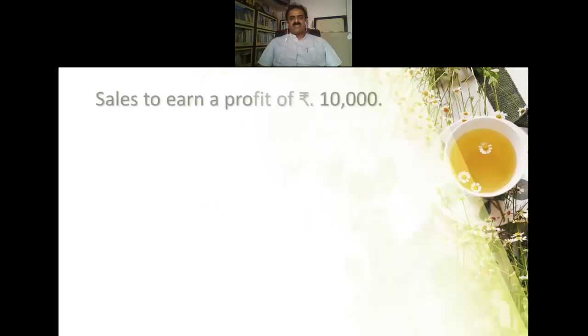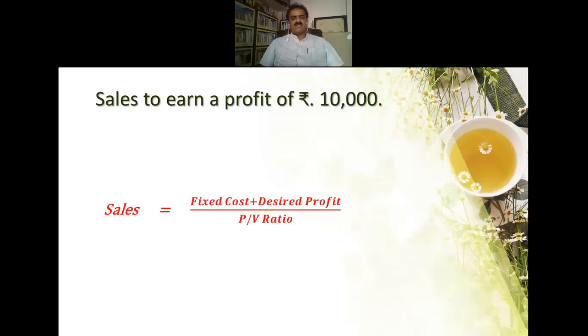Next sub question is how to calculate the value of the sales to earn a profit of 10,000 rupees. This means I want a profit of 10,000 rupees. So what could be my targeted sales? In order to calculate this sales, the formula is sales equals fixed cost plus required profit over PV ratio.